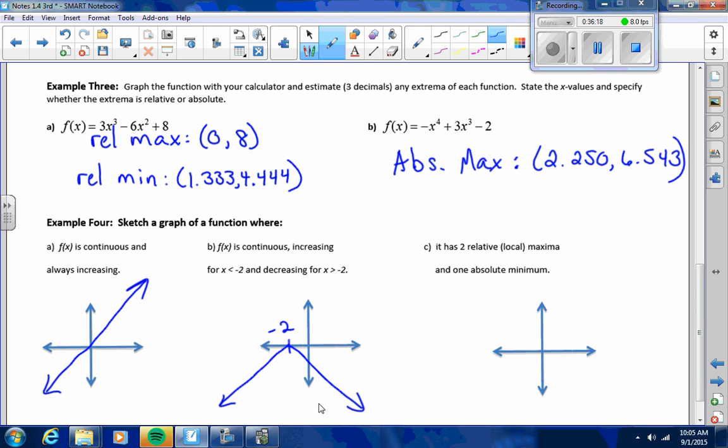The last one, we need a graph that has 2 relative maximums and 1 absolute minimum. Absolute minimum, one of them, and 2 relative maximums. I saw a lot of good examples of what you did. Here's an example I'd come up with.